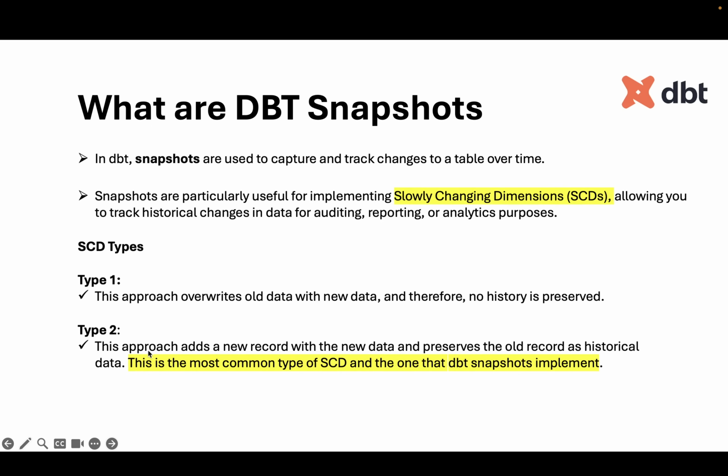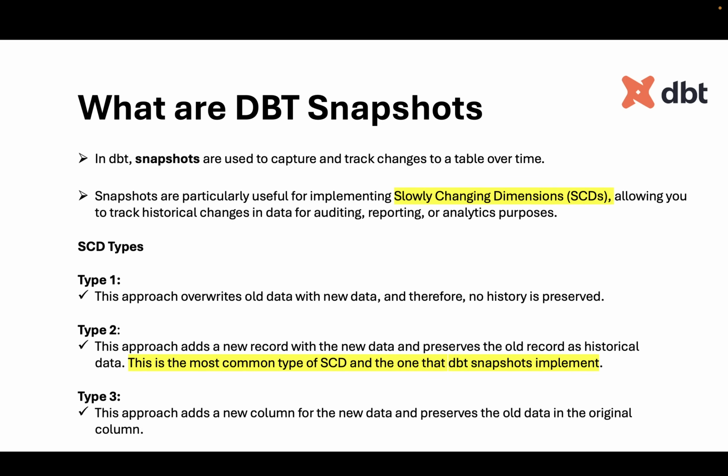SCD type 2 is very common. I've seen this a lot, and this is what a lot of companies prefer using. So in type 2, a new record is added, but the old one is preserved for historical records. This is very good if you want to track changes in your table in your data warehouse. Again, this is what we'll be implementing in this video. Type 2 is what DBT snapshots implements.